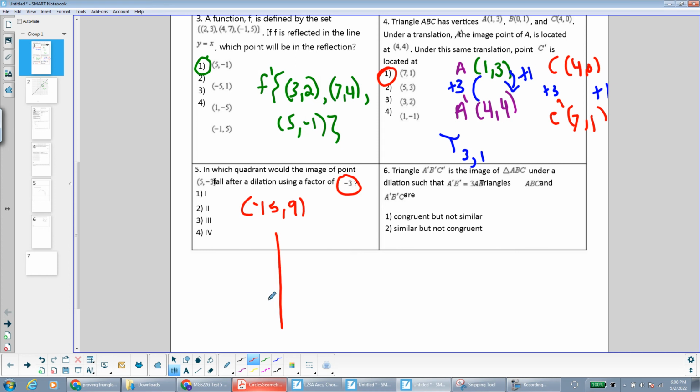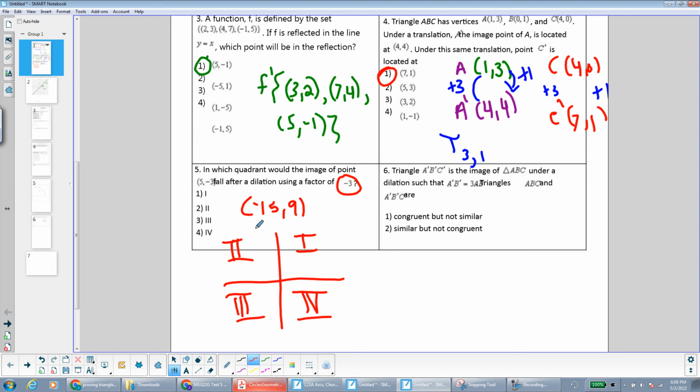So here we have our coordinate grid, our coordinate plane. This is quadrant 1, quadrant 2, quadrant 3, and quadrant 4. Remember, in math, we always assume that we're going in the counterclockwise direction, like for a rotation, if it's not specified, because that's the way that the quadrants go.